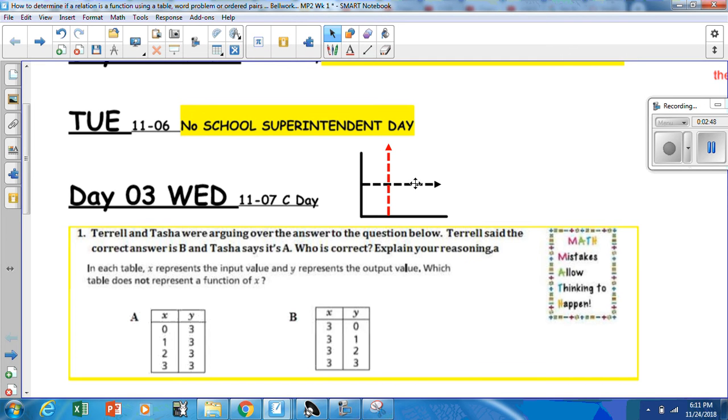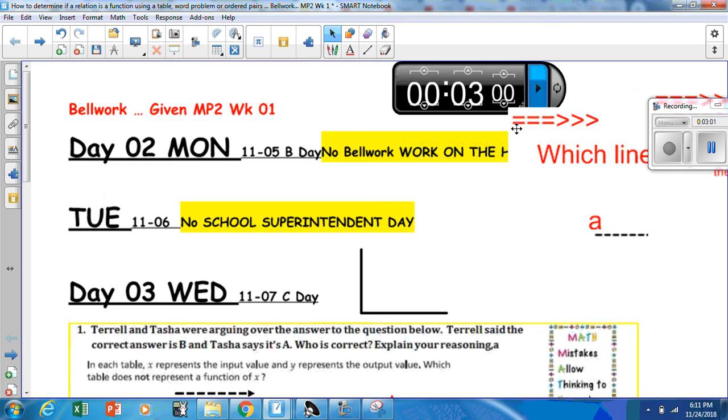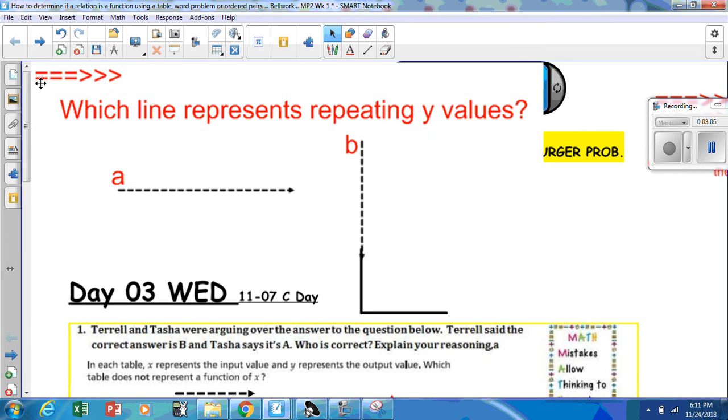So with this in mind, let's take a look at how we could have thought about this problem. Which line represents repeating Y values?